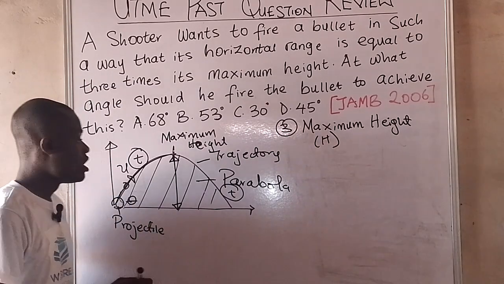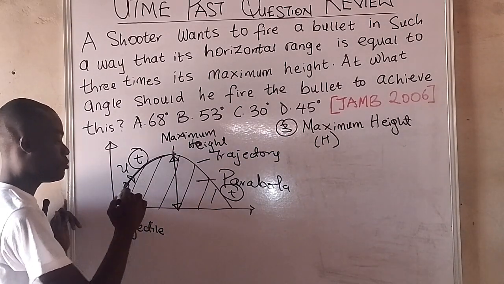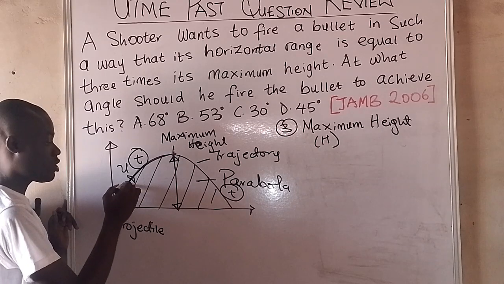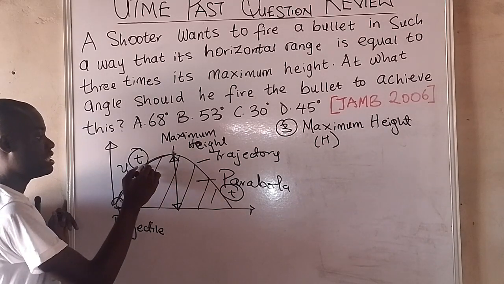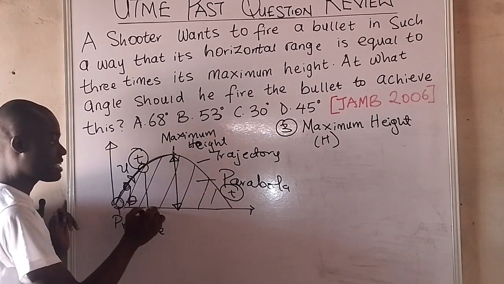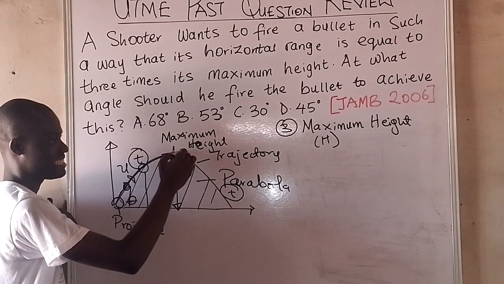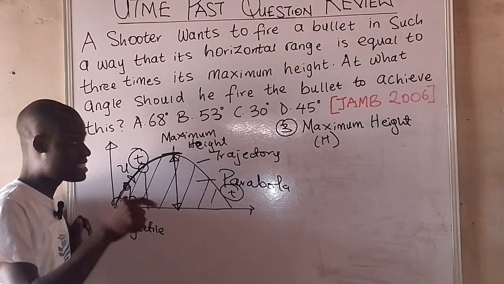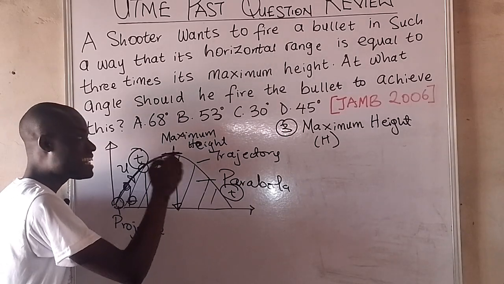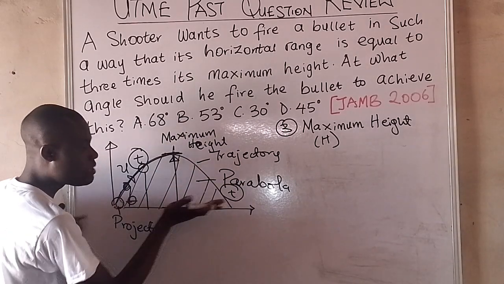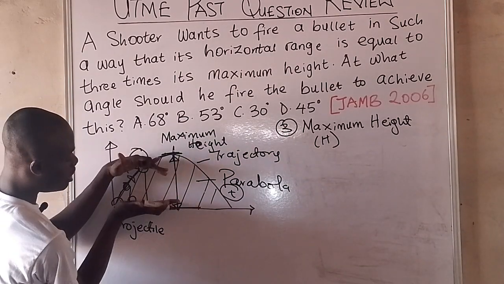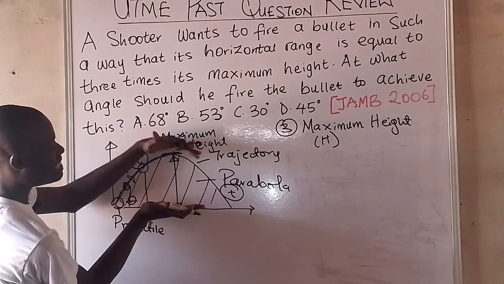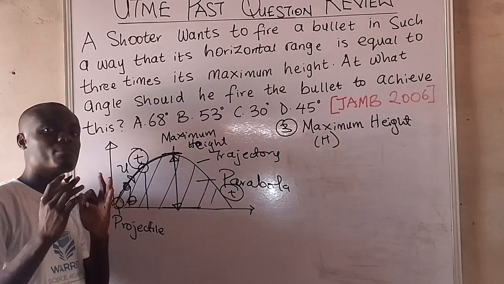If I project a body, the body can get up to this point, which is a vertical distance, or up to this point, also a vertical distance. But the highest the projectile can get to from the plane of projection is what we call the maximum height.